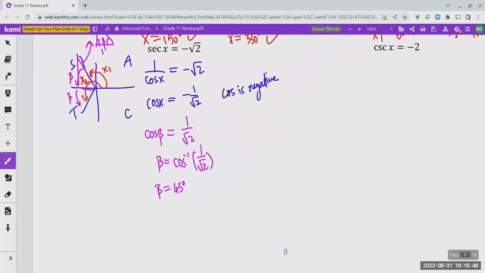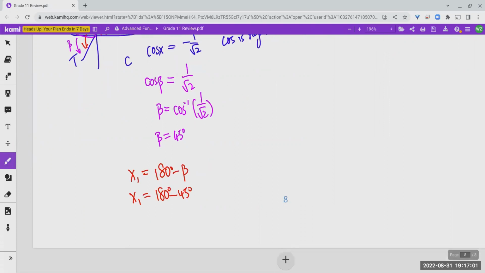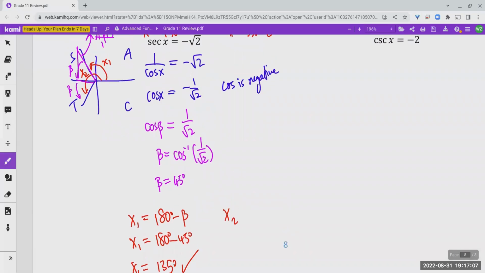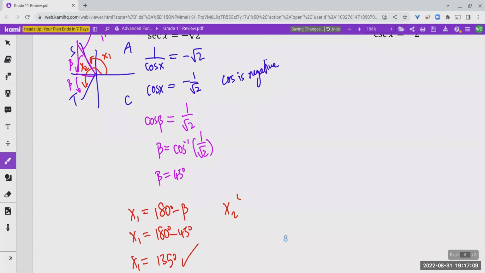Let's look at the drawing. How do you find x? Well, you can see the x1 is 180 minus beta. So x1 is 180 minus 45. That is 135. So boom, first answer. x2, again, look, x2. If you look here, it's 180. You have to go another beta in order to get to your x.